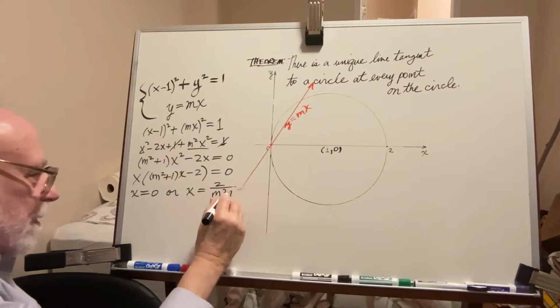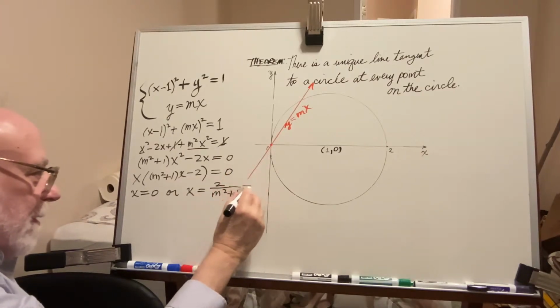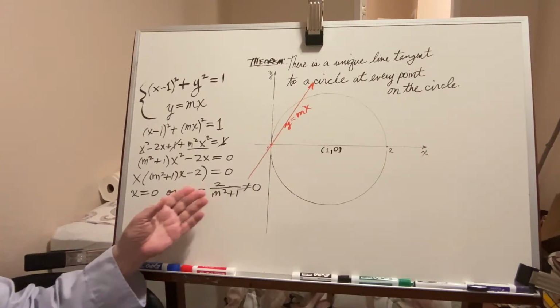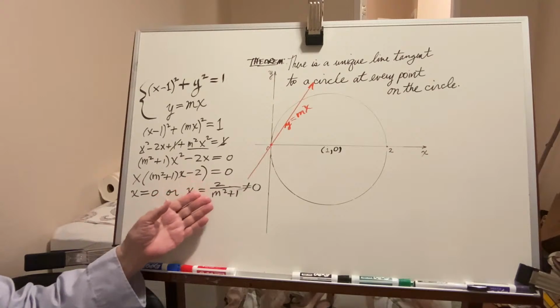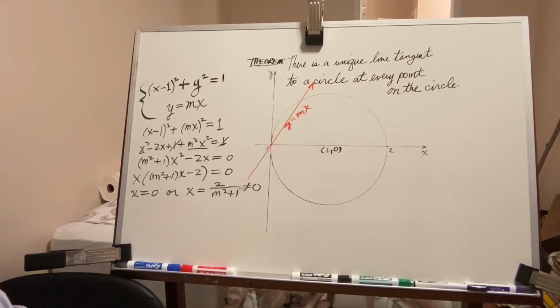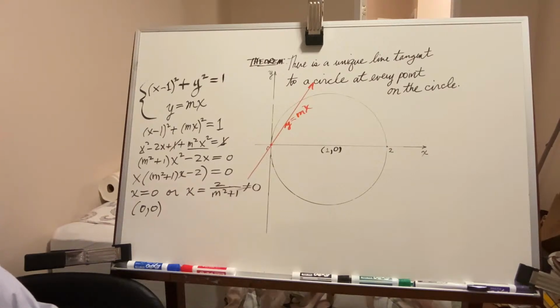But 2 over m squared plus 1, remember m is any real number. That's not going to be equal to 0 for any values of m, because the numerator is not 0 and the denominator is greater than or equal to 1. So now we have two solutions. This is the solution that we already obtained in the other system.